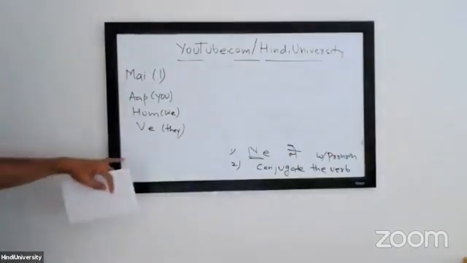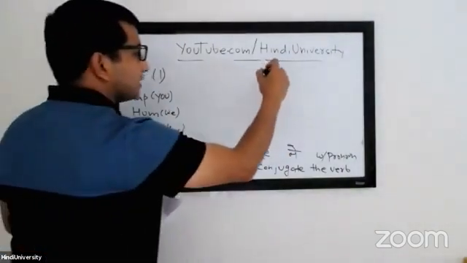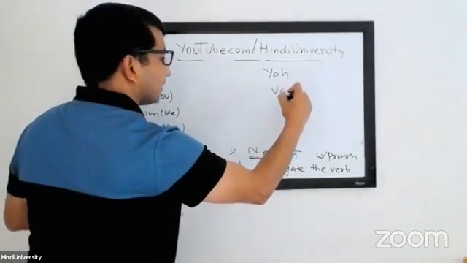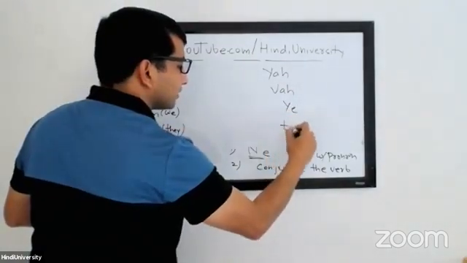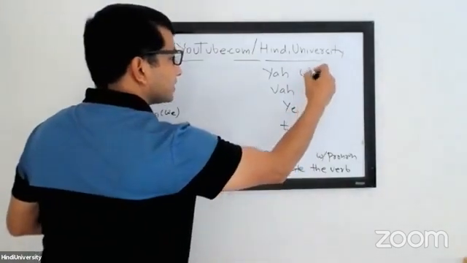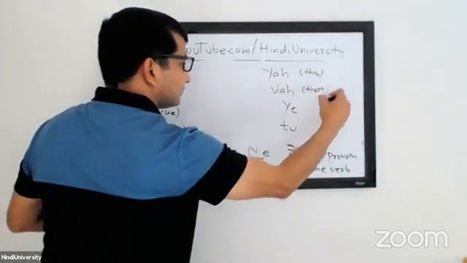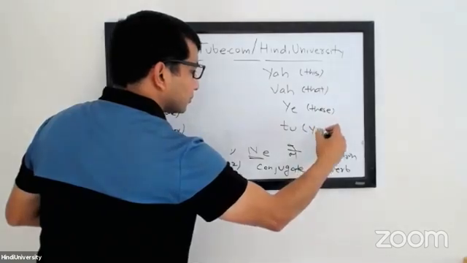So मैं, आप, हम, वे, and I'm going to write यह, वह, ये, and I'm going to write two here. यह is this, that, these, and two is you.